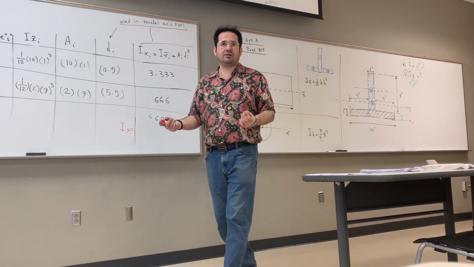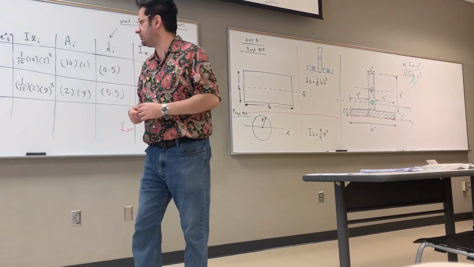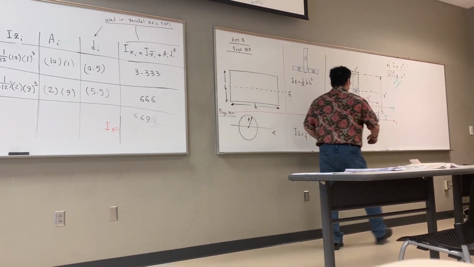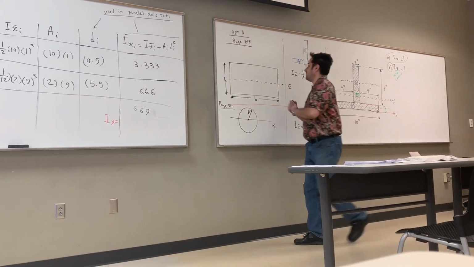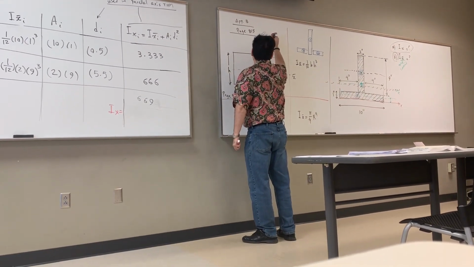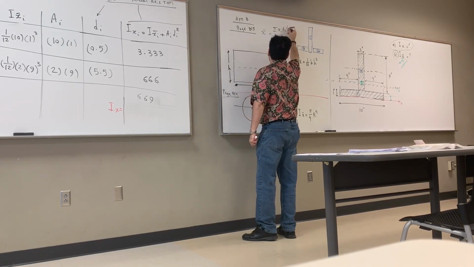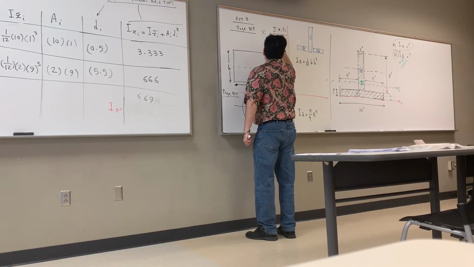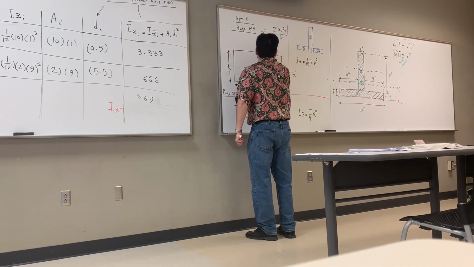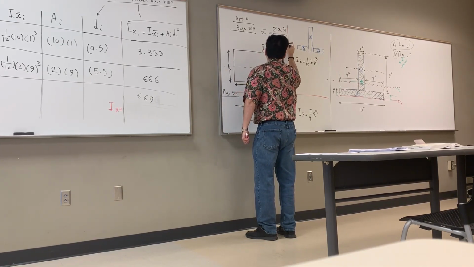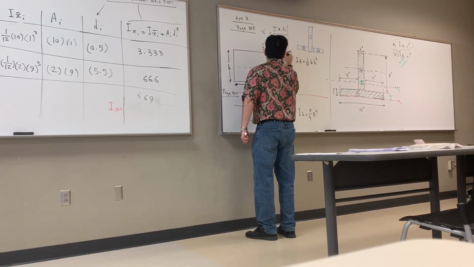Well, it's a simple centroid calculation. Again, you go to the appendix, and you find that the formula is like this. x bar is equal to summation x_i A_i over summation A_i, and y bar is summation y_i A_i over summation A_i.